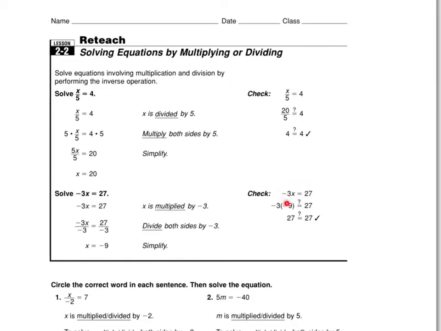Going back to check it with the original equation, negative 3x is equal to 27, we replace x with a negative 9. 3 times 9 is 27, and a negative times a negative is a positive. So we indeed get another identity because 27 does equal 27.